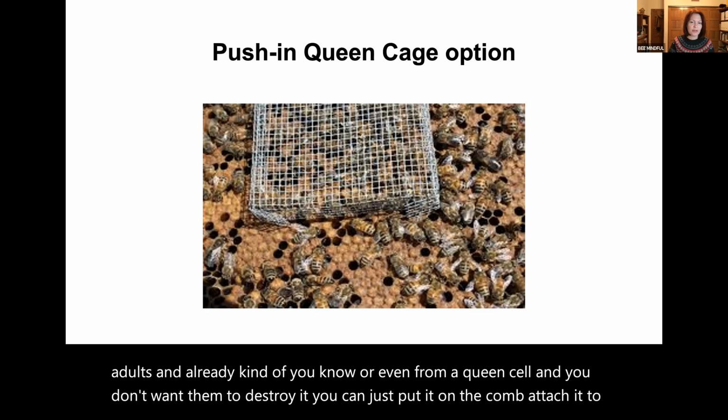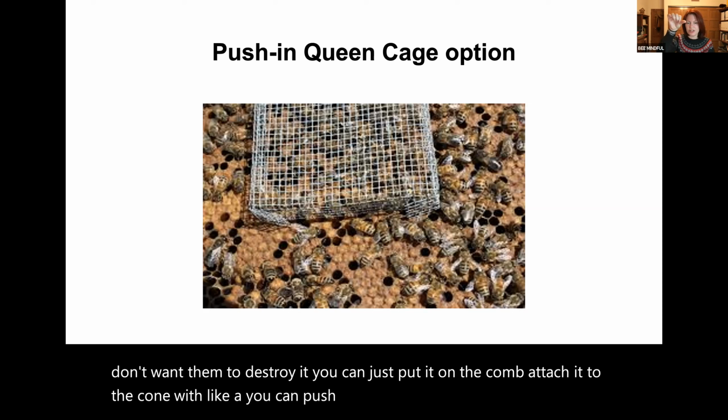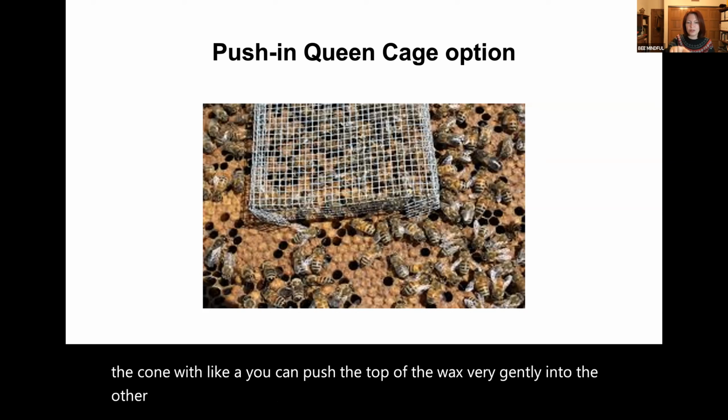You can push the top of the wax very gently into the other wax over a brood. This is a brood comb. And you can add a push-in queen cage.